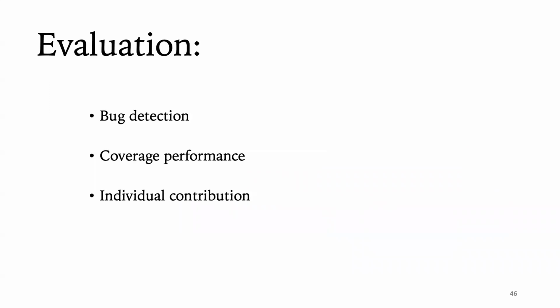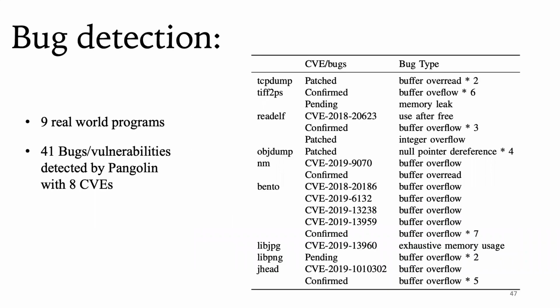As for the evaluation, due to the time limits, we present some statistics to show the improvement brought by our methods. More details can be found in the paper. We evaluate Pangolin on 9 real-world benchmark programs, which are also frequently tested by existing work. They have different functionalities.